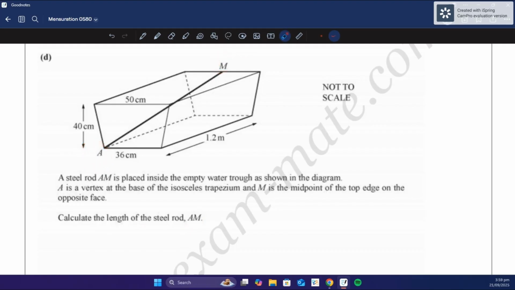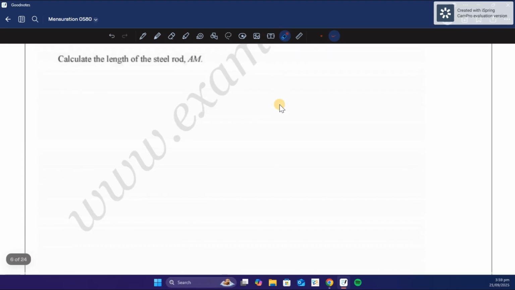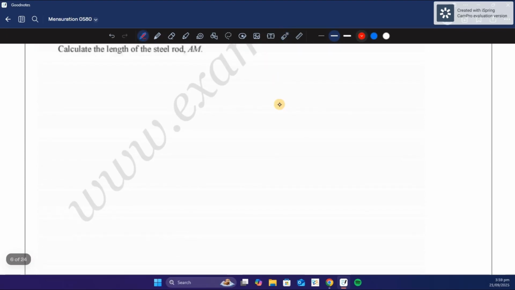Alright, so what we could do is simply use Pythagoras theorem to find the length of this. To simply put it, that it's going to be 40 squared plus 120 squared plus 18 squared. So that is going to be our equation.